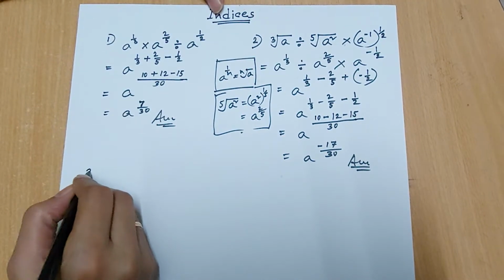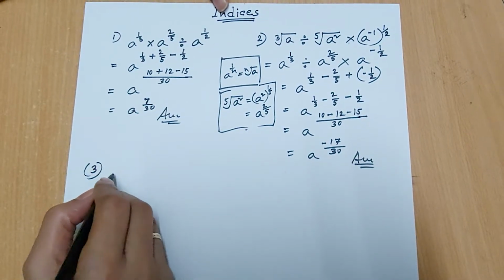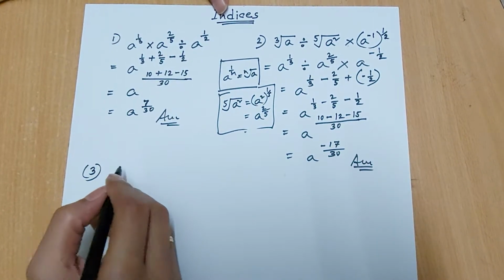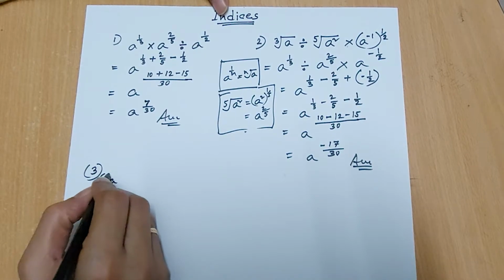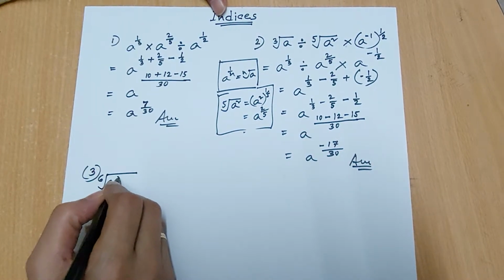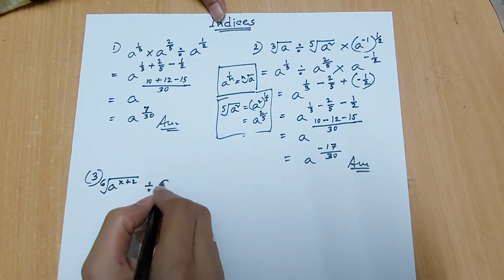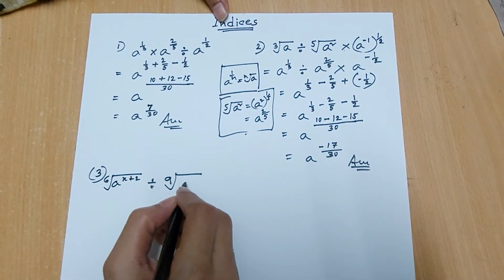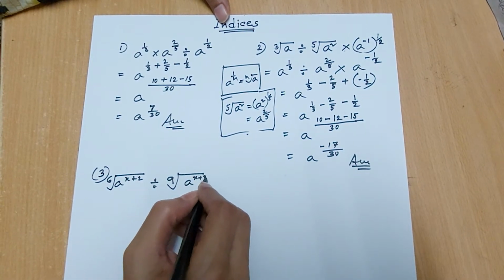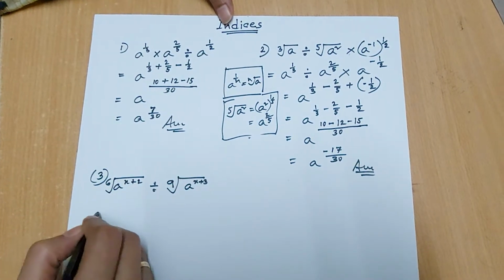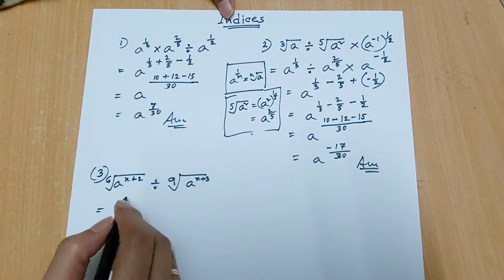Let's try another one. Sixth root of a power x plus 2 divided by ninth root of a power x plus 3. So same story here.